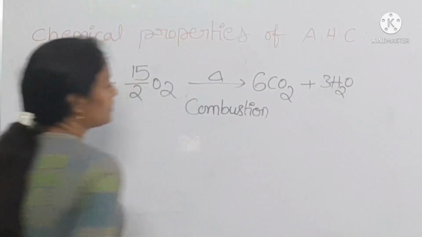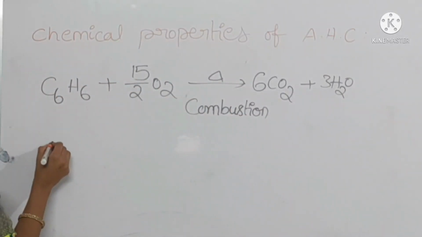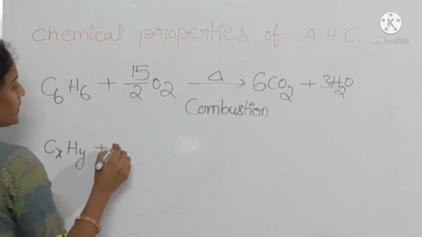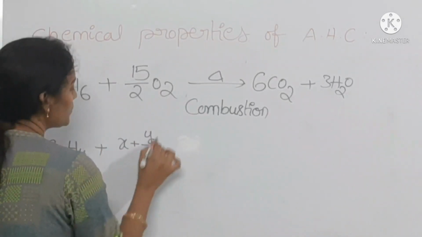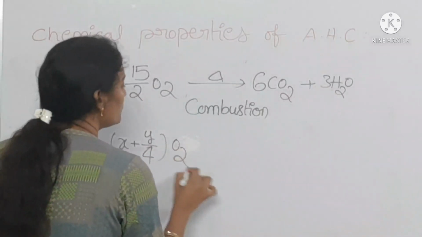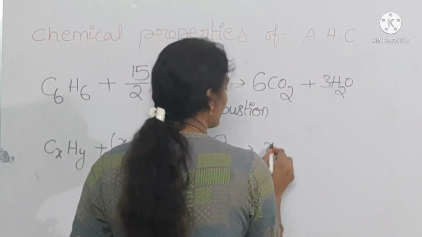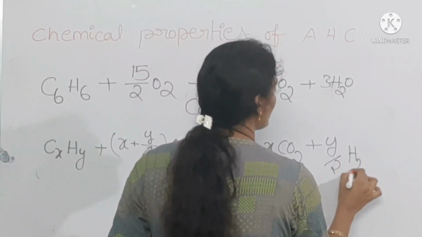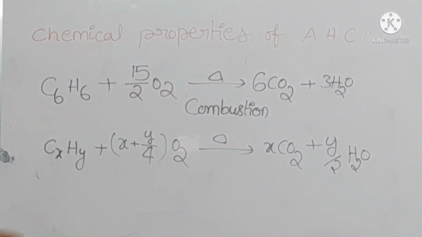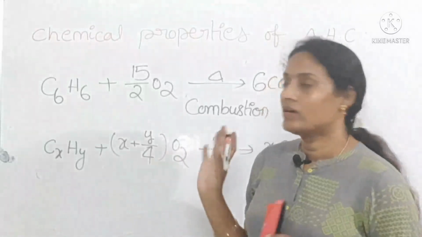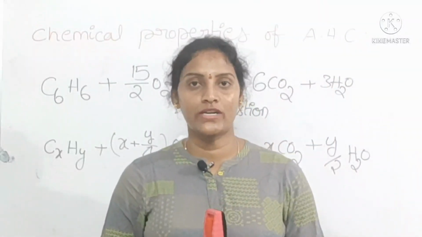The general combustion reaction for all hydrocarbons is CxHy plus (x + y/4) O2 giving x CO2 plus y/2 H2O. This is the general combustion reaction for all hydrocarbons. This is about the preparation and chemical properties of aromatic hydrocarbons.